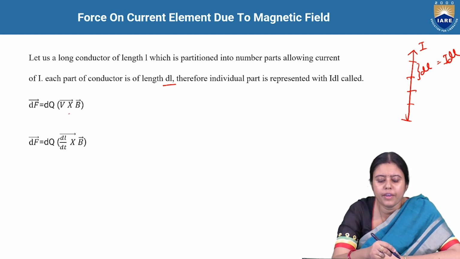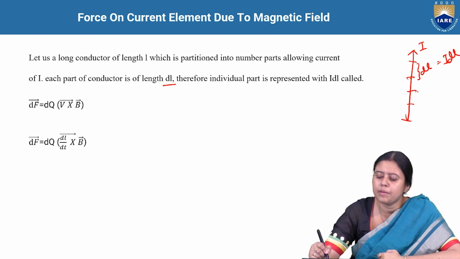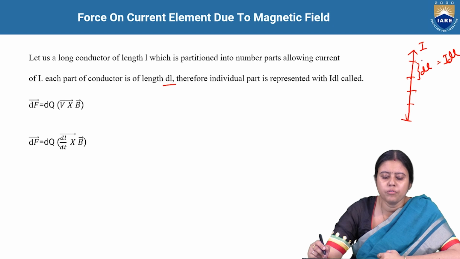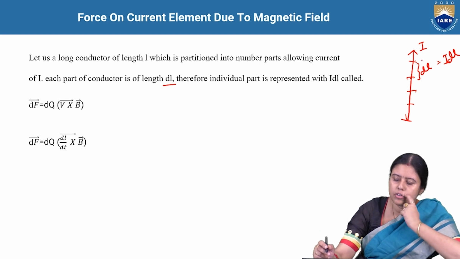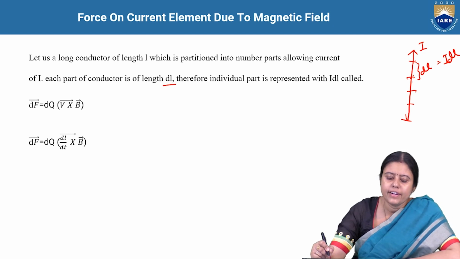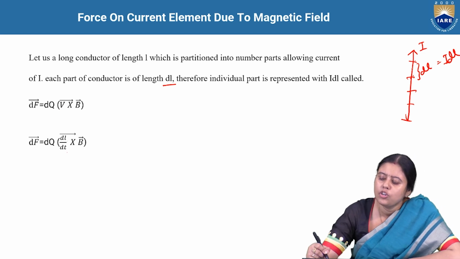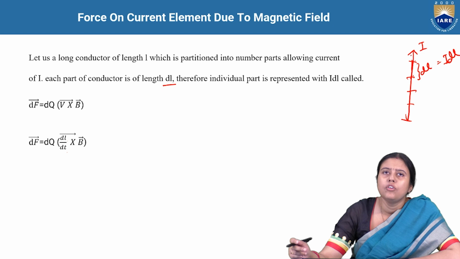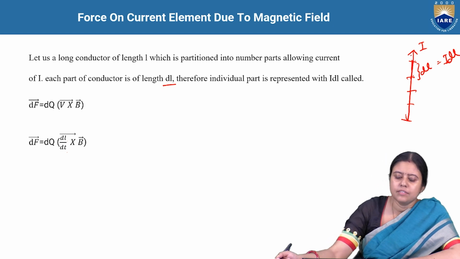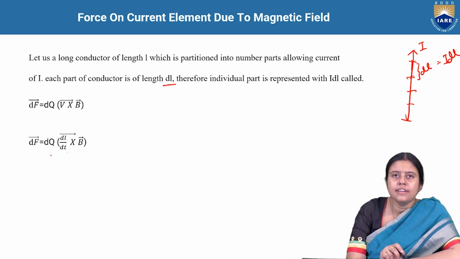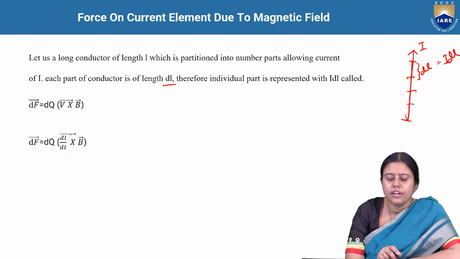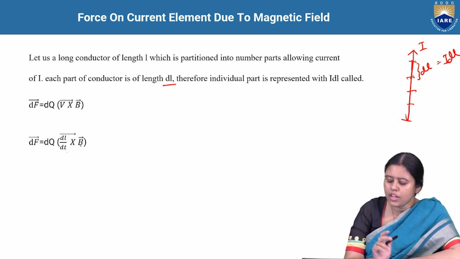What is V? V is the velocity, which is length by time, dl by dt, the time taken by the charge to go the length dl. So again we can write dF is equal to dq dl by dt cross B.